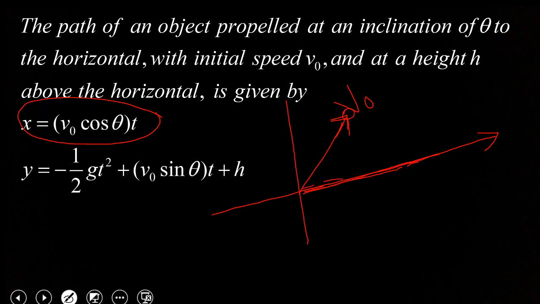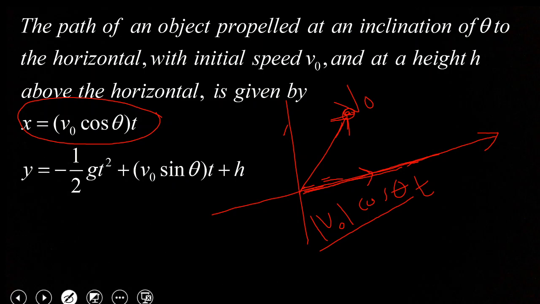which basically means how far this object is going to go. You see, the object is here, right? How far it is going to go horizontally is basically the velocity horizontally, which is v sub 0 cosine theta. And then if you multiply the velocity by t, you get the distance that it travels.